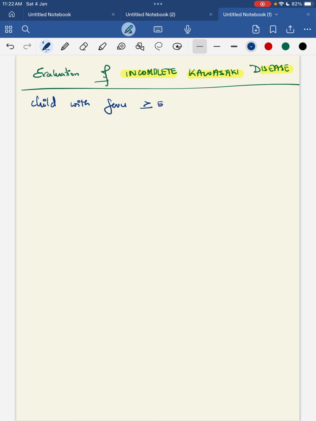Or an infant with fever for more than or equal to 7 days without any other explanation can also be considered as incomplete Kawasaki disease.